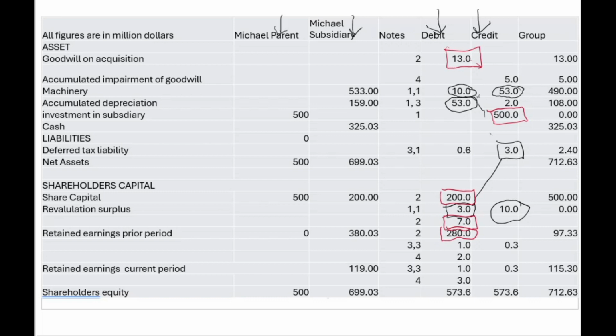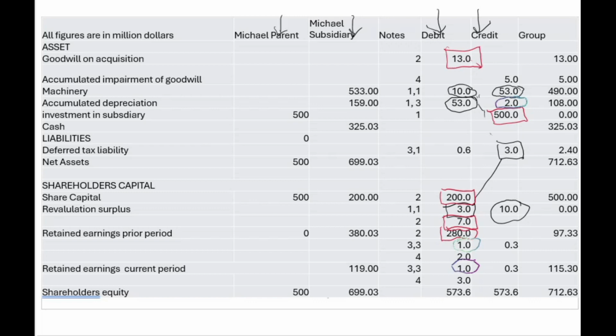So our additional depreciation expense was 1 million in the current period, and 1 million in the previous period, and that's corresponded by 2 million of accumulated depreciation.